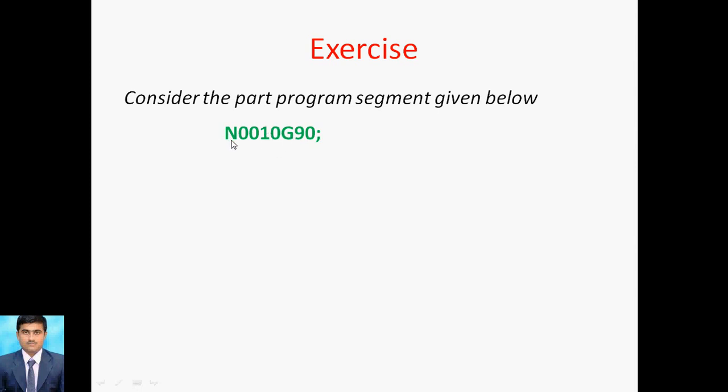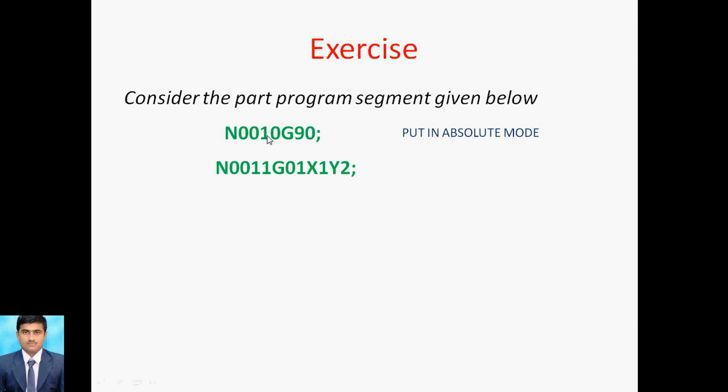Then N0010 indicates that number, and G90. What is G90? Absolute mode. Always remember that G90 is absolute mode. N0010 is called the sequence number.